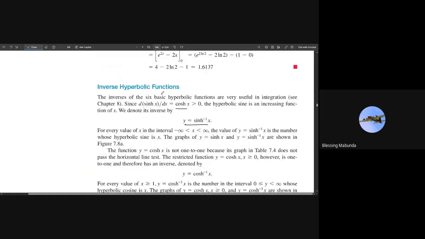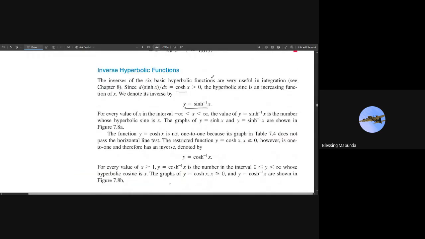So essentially what this statement is saying is that when y is equal to the inverse of sinh x, the value of y is a number whose hyperbolic sine is x.